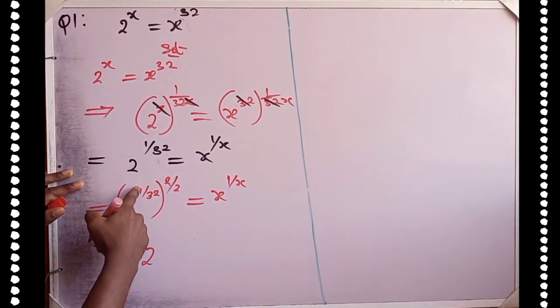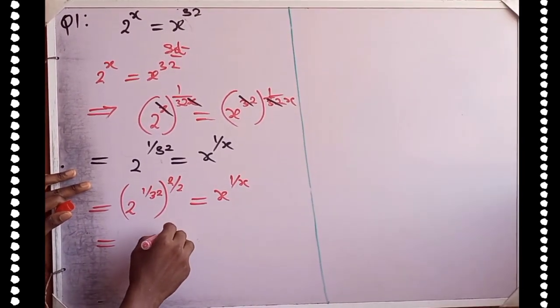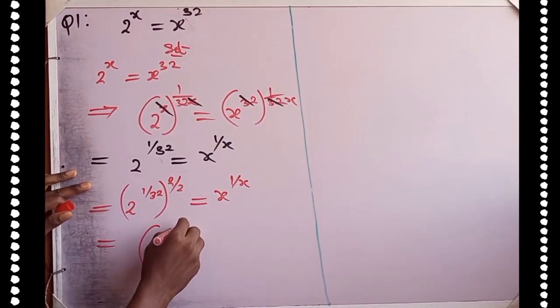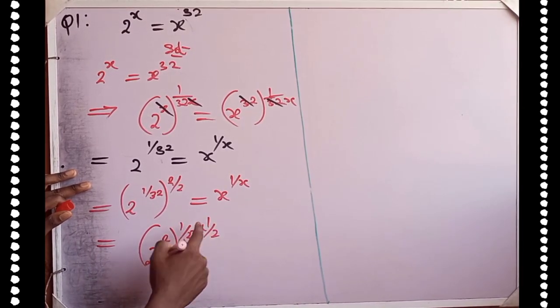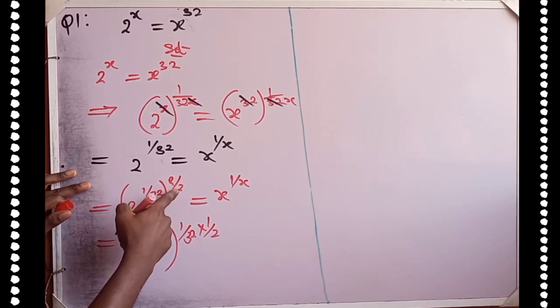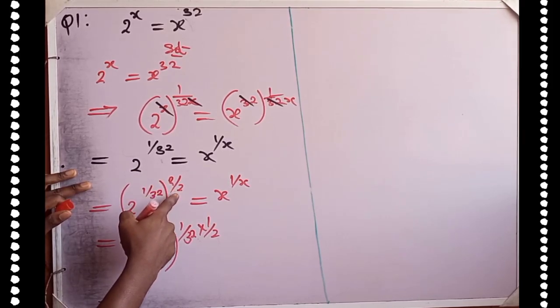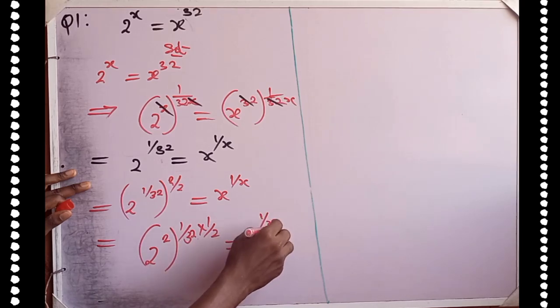This numerator here can come inside. So I'm going to have 2 squared to the power of 1 upon 32 multiplied by 1 upon 2. This equals x to the power of 1 upon x.